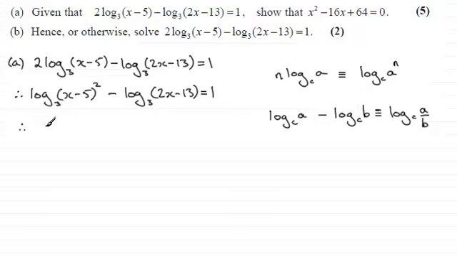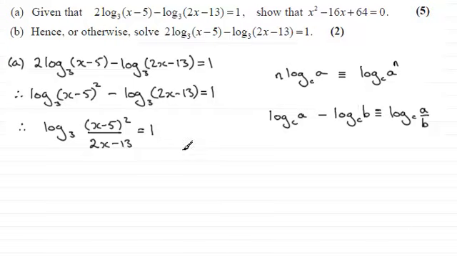And now I have the log in base 3 of x minus 5 all squared all over 2x minus 13 equals 1. So I've now got one term on one side of the equals and one term on the other side of the equals. So you've always got to reduce log equations down to this form.